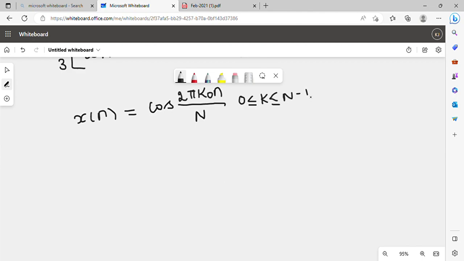For cos 2 pi k naught n divided by N, there is one formula.